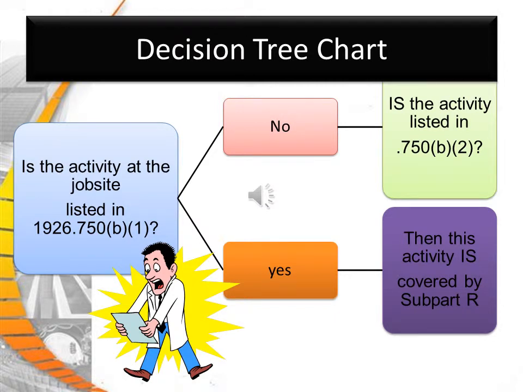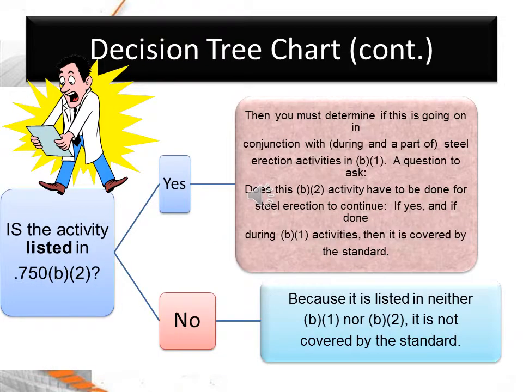Here we can see the decision tree, which shows you whether you are covered under the standard. First, you ask yourself, is the activity at the job site listed under 750(b)(1)? If no, is it also listed under 750(b)(2)? If you say yes, then the activity is covered under Subpart R. If the activity is listed under 750(b)(2) and you answer yes, then you must determine if this is going on in conjunction with, during, or part of steel erection activities.